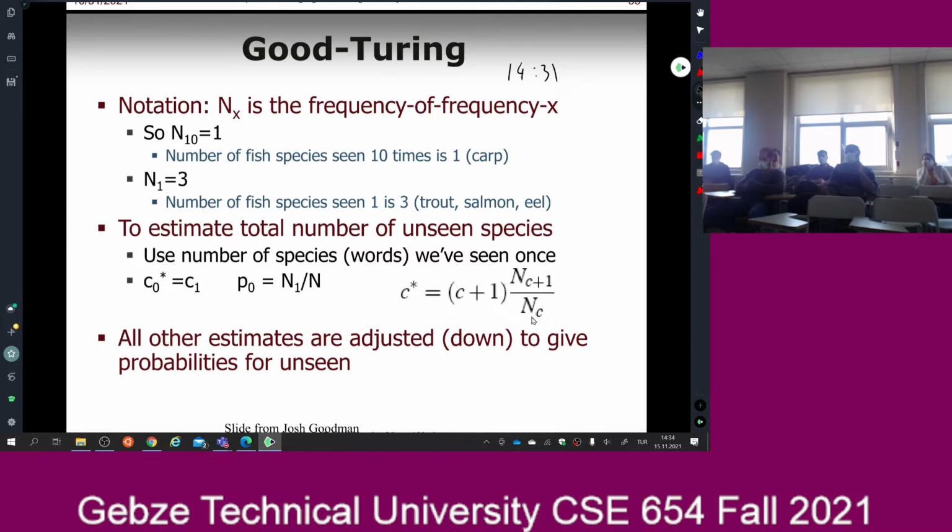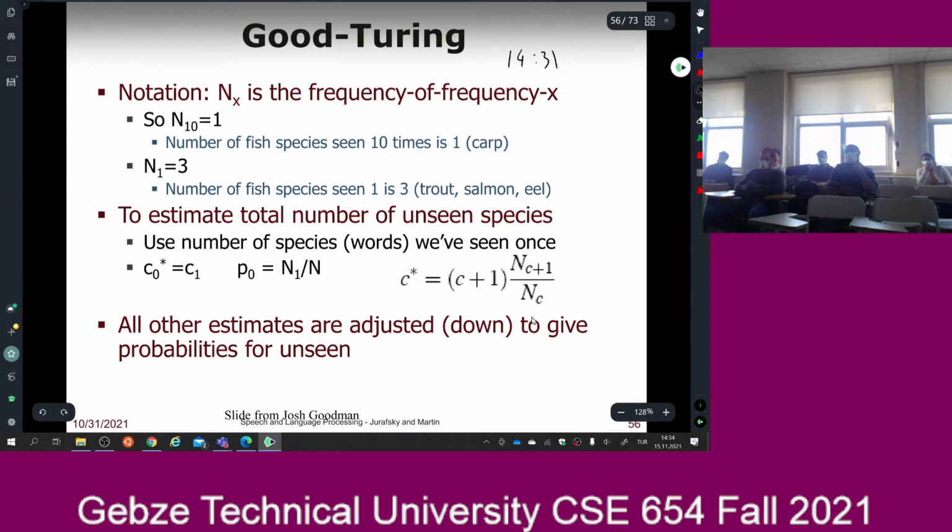See, what is, again, n0? n0 is the number of fish types that I didn't catch before. So it says to count c0 as c1, and p0 is going to be n1 over n. For all the rest of the c's, this is what I do: you add 1 to it, and you use the one level up count and divide it by nc.